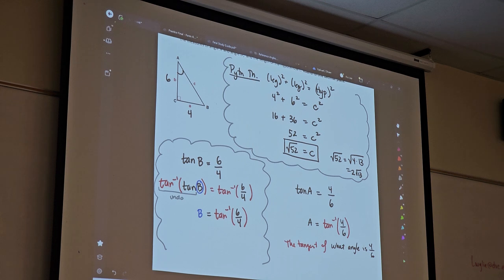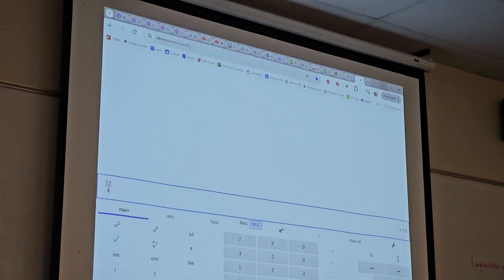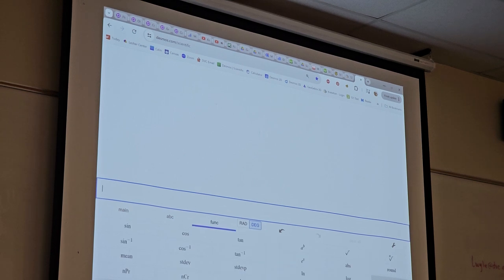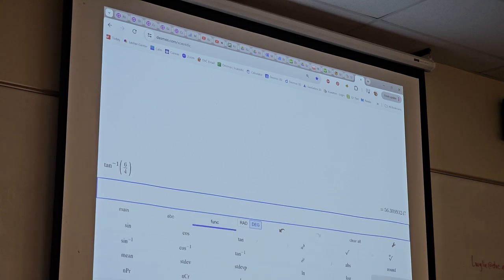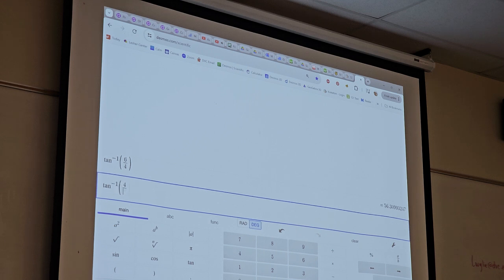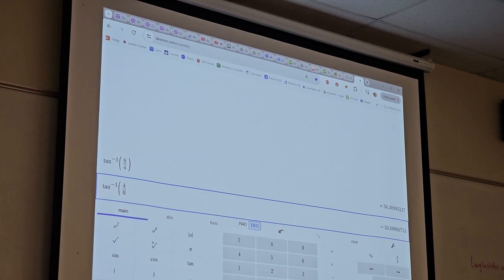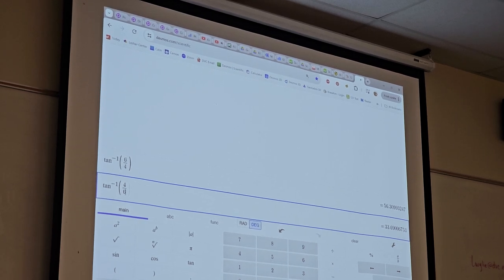Okay, so inverse tangent of 6/4. Clear everything. Inverse tangent of 6/4. I'm in degree mode, and then we'll do inverse tangent of 4/6. So inverse tangent of 6/4, the tangent of what angle is 6/4? Angle 56.3 degrees.